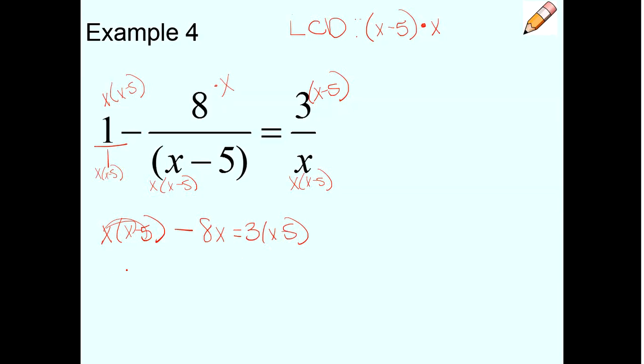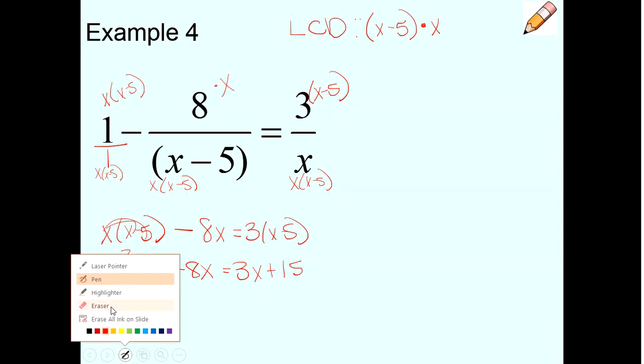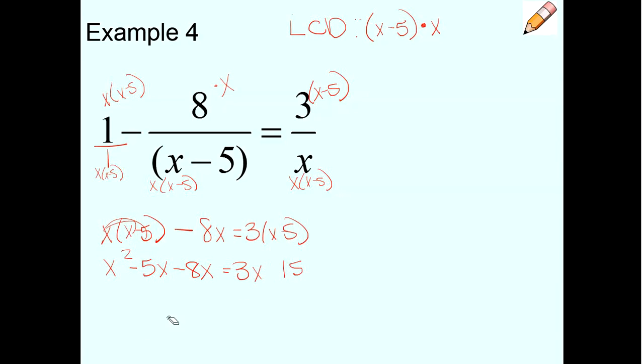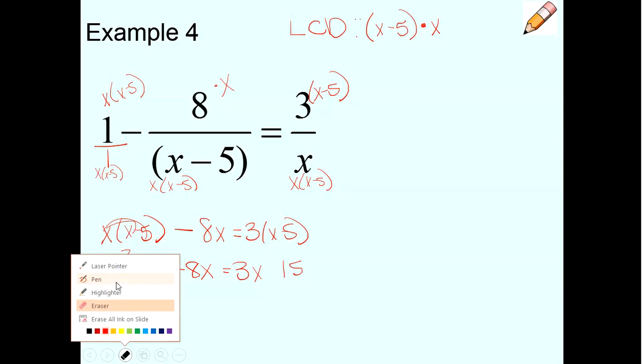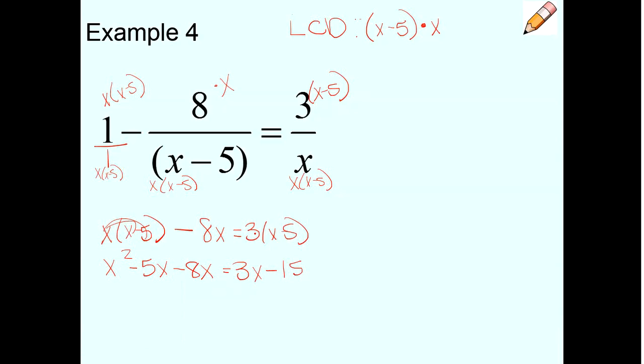So let's distribute in. So I got x squared minus 5x minus 8x equals 3x plus 15? Nope, minus 15. My bad. There we go. Minus 15. Because it's 3 times negative 5. My negative got lost.